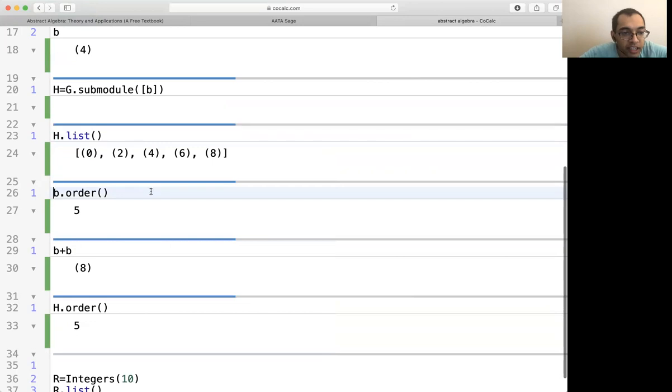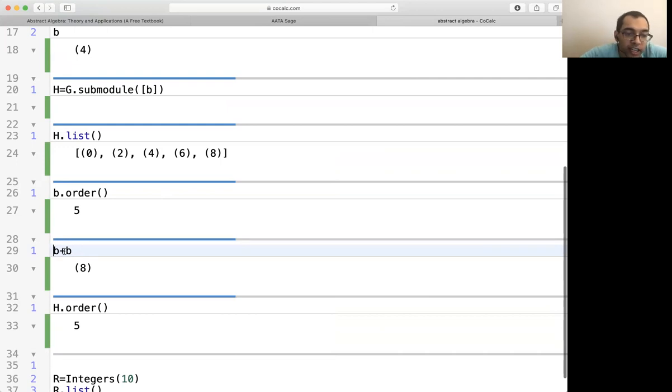Then we can also ask for the order, and that's 5. That's because how many times do I have to add 4 to itself to get back to the identity element, which is 0? I have to add 4 five times, namely 4 plus 4 plus 4 plus 4 plus 4, to get back to 0.